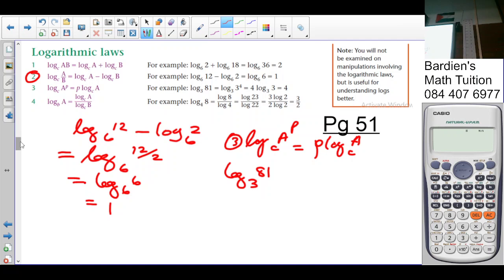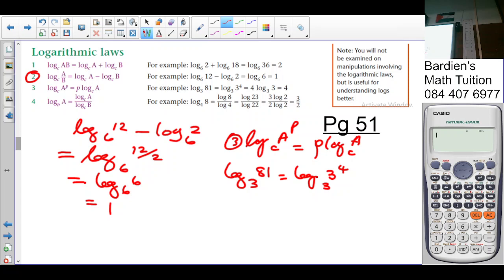Now 81 can be written as what? It can be written as 3 to the exponent 4. Why do you think I wanted to write it as 3 and not 9 squared? Because we want the base and the number to be the same. Why do we want it the same? Because if it is the same, it will be equal to 1.